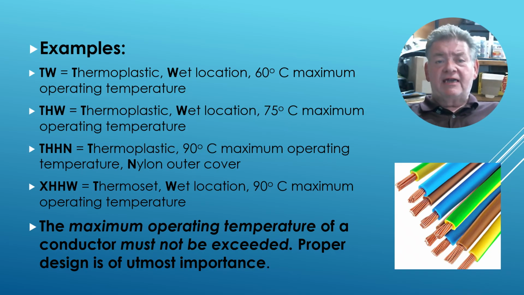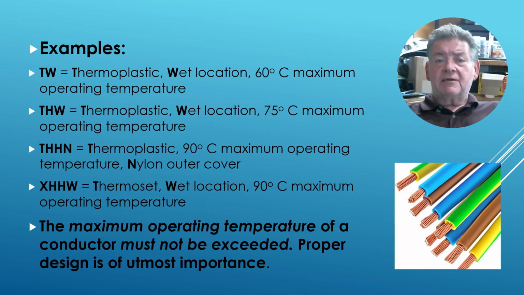If you see two H's like THHN, thermoplastic, two H's indicate a 90 degree Celsius or 194 degree Fahrenheit maximum operating temperature. And the N would tell us that that insulation has its nylon outer covering to give it the little bit of extra mechanical protection.